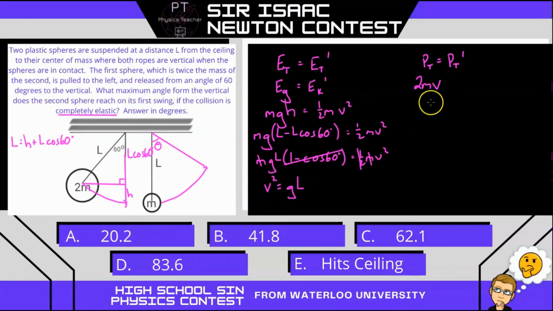Alright, and then we have the momentum after. Well, this one, the large sphere, it could certainly still be moving. We're not too sure. So we're going to have 2m, its mass, times some velocity. Now I should specify this v and this v are not the same.